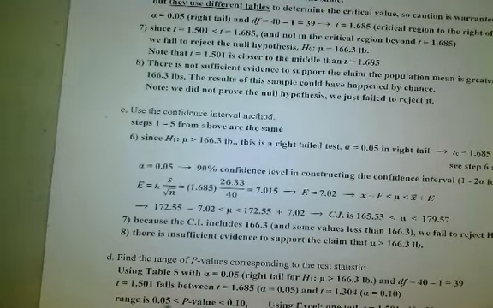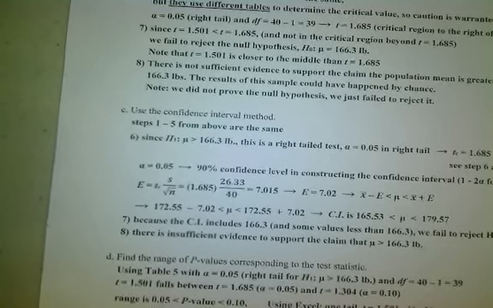When we look at the table, what we see is for row 39, the degrees of freedom of 39, the 1.501 falls between 1.685 and 1.304. This was with the column heading of 0.05 in one tail. This was with the column heading of 0.1 in one tail. So our p-value is between these two. It's between 0.05 and 0.1.